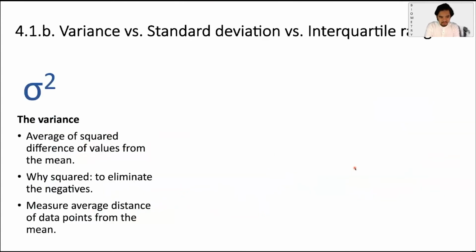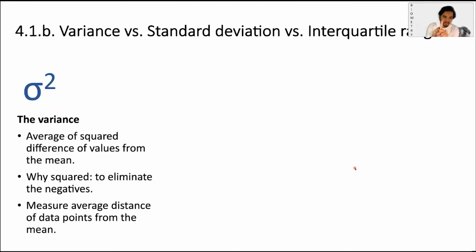Okay, the variance. So what is meant by the variance? Variance is actually the square of the difference values from the mean. Now you have the mean, and then you have your different points here. What happens is you measure the difference between that point and your mean value, your average. For example, you have this one, you calculate the distance.